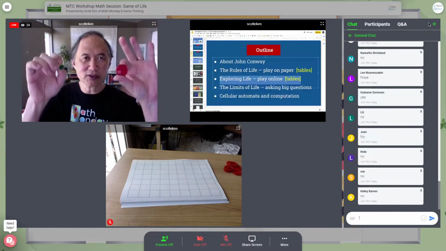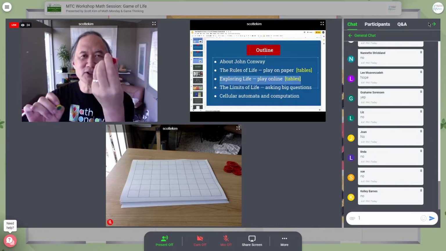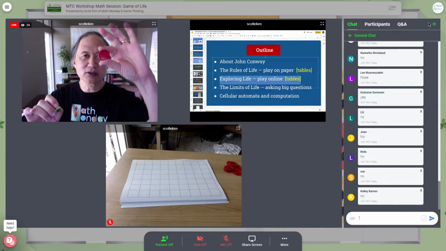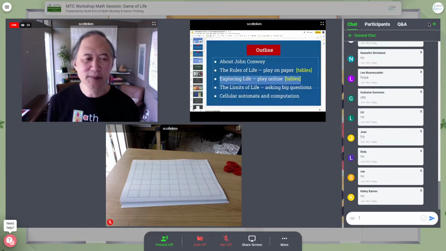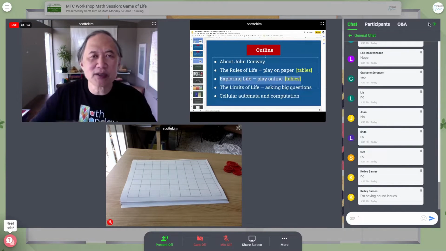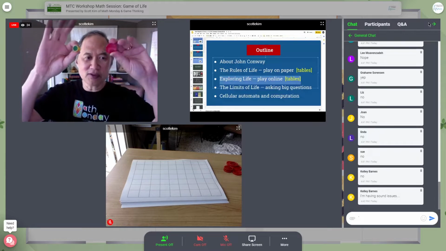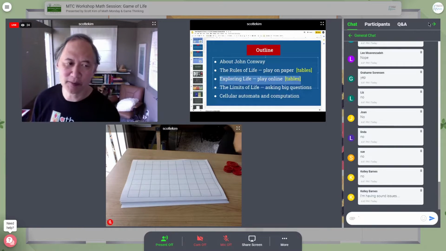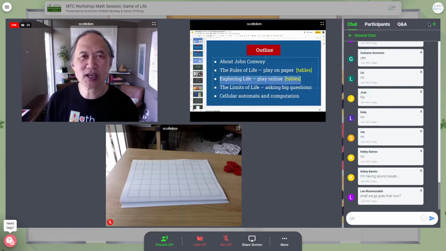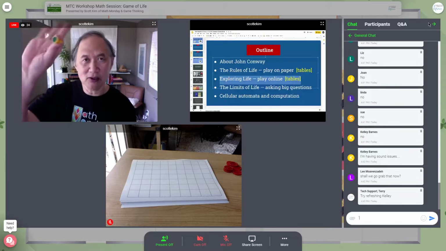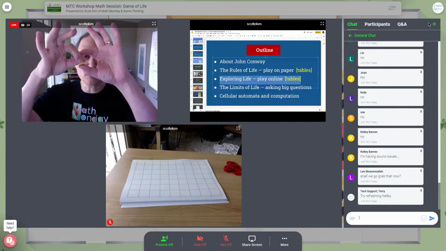You could use a coin, a checker, or a little square tile. If you have manipulatives at home, you could use those. I'm going to continue talking, but please have these available. We'll be using them in a little while. You'll need about 10 of each, 10 coins and 10 little things. Almost anything will work for these.